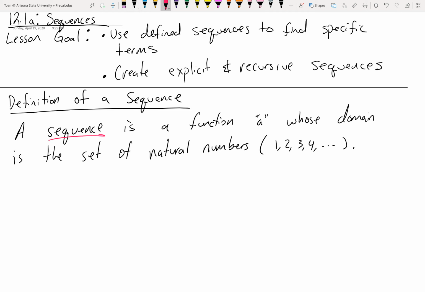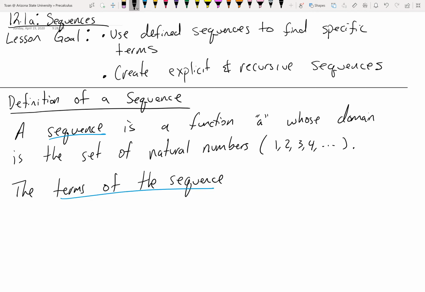So that's the idea. Let's choose a different color. That's the idea of a sequence. The terms of the sequence are the function outputs, are the function values.